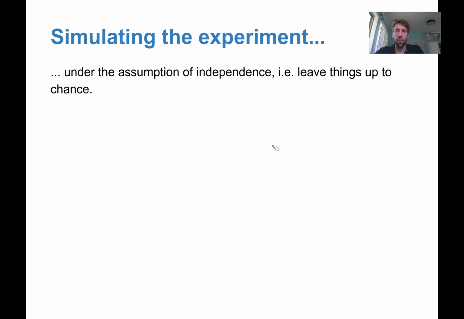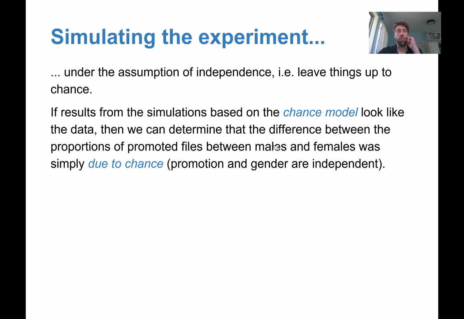Under the assumption of independence, i.e. leaving things up to chance, if the results from a simulation based on the chance model look like the data, then we can determine that the difference between the proportions of promoted files is simply due to chance. We observed in that study from the 1970s that the difference of proportions was 30 percentage points.